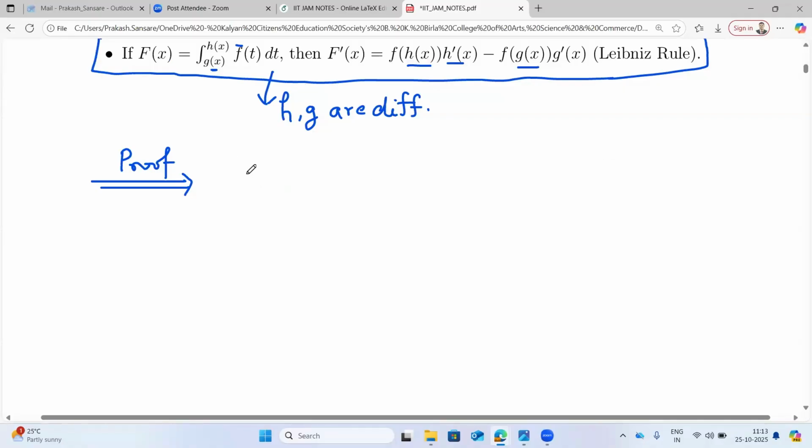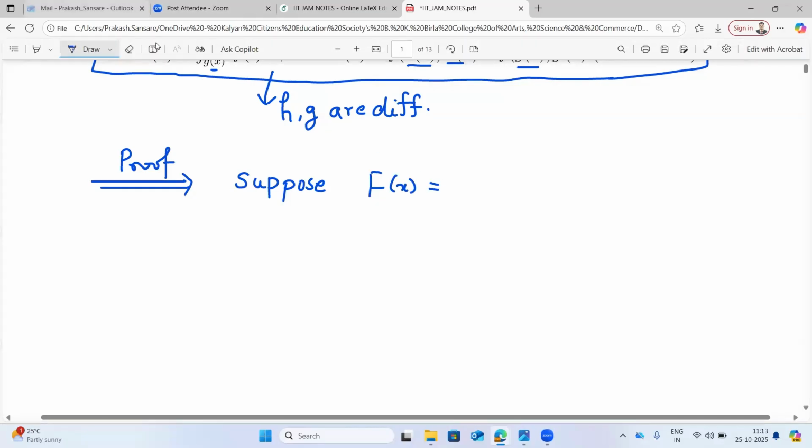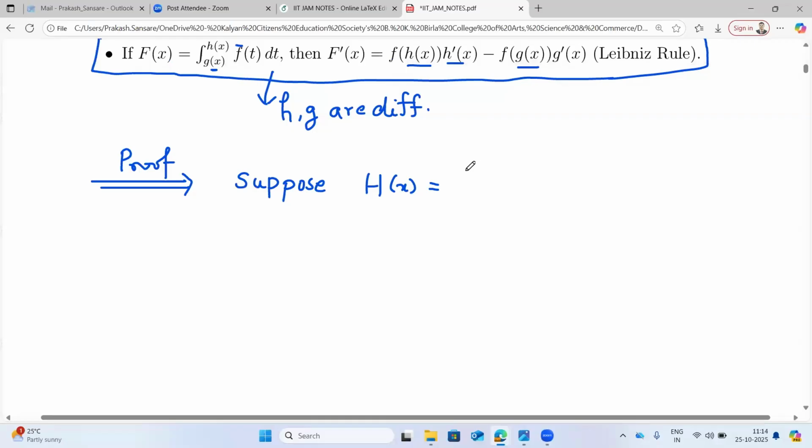So suppose I have a function, or maybe I'll say some other name, h(x), which is equal to the integral from a to g(x) of f(t) dt.